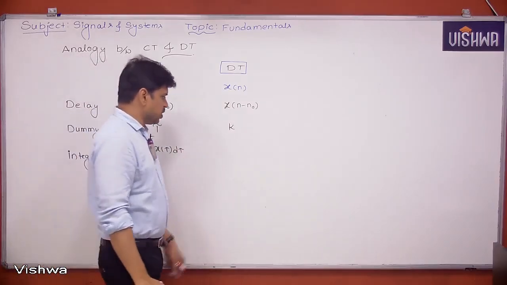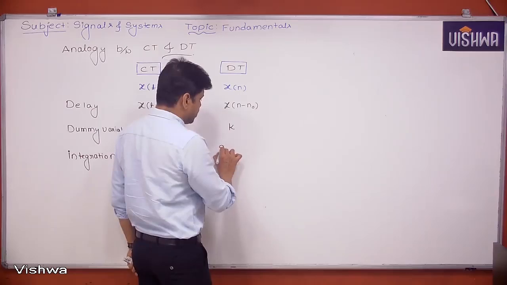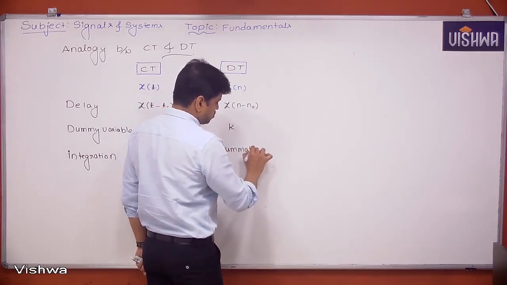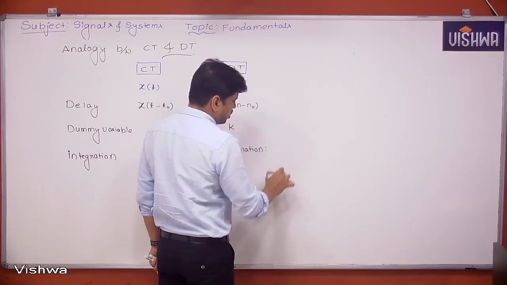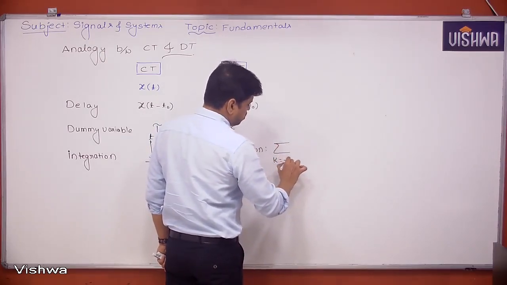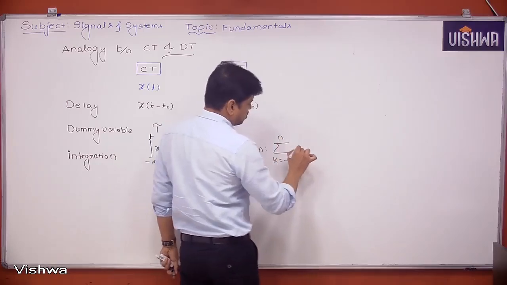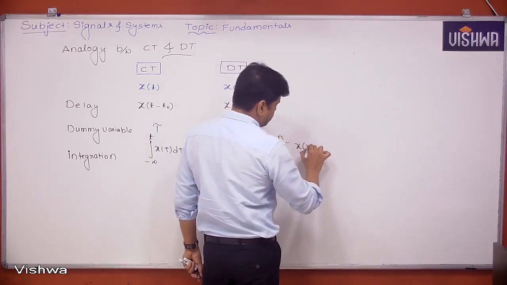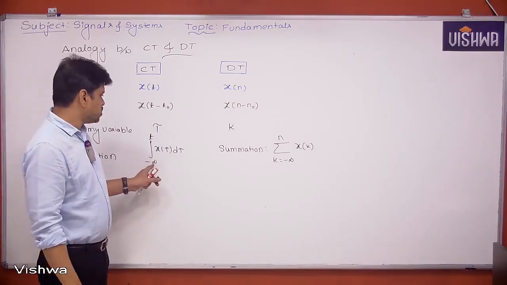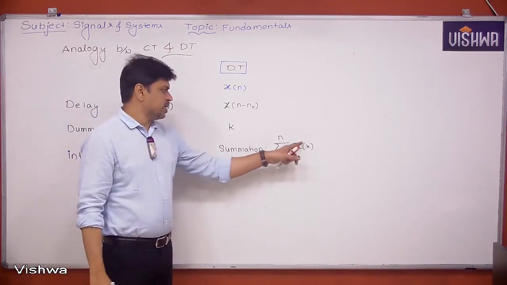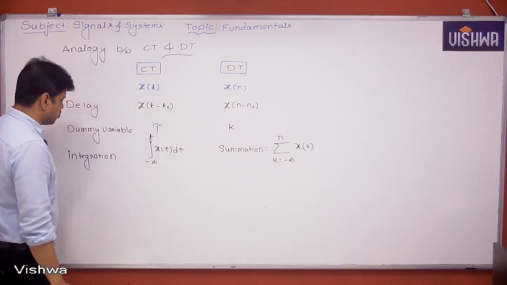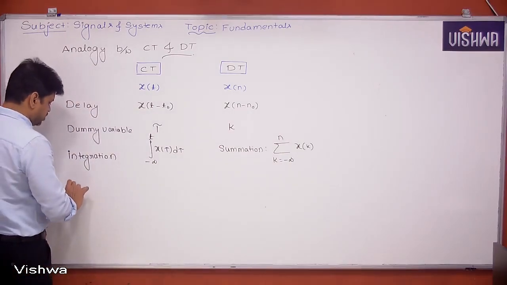Similar to this, here we have to go with the summation: summation k equal to minus infinity to n of x of k. Here tau is a dummy variable that is changing. Here k is the dummy variable which is changing from minus infinity to n. Next, one very important thing, differentiation.